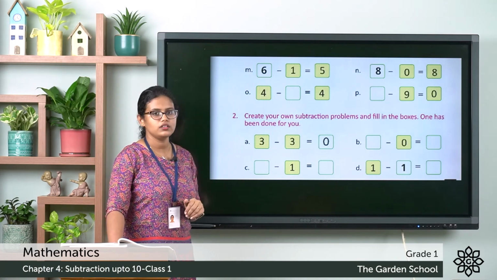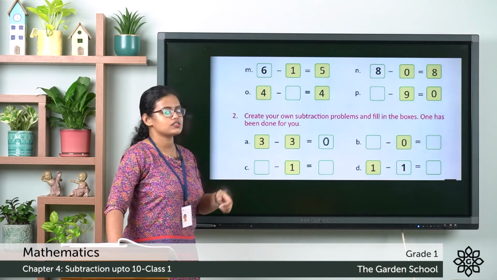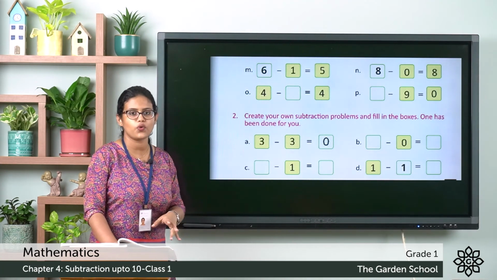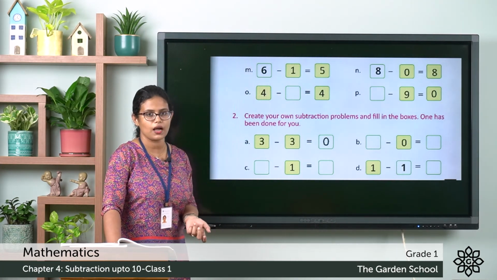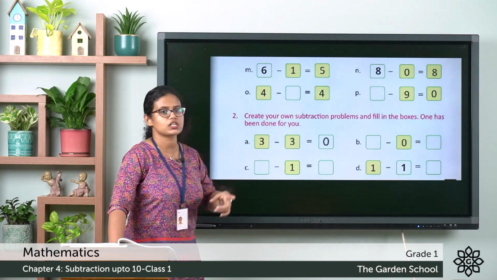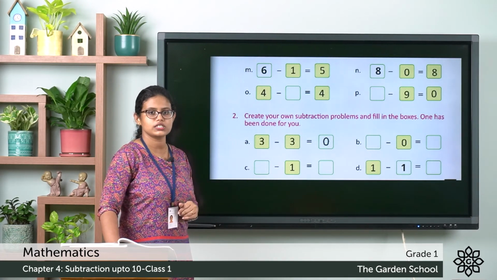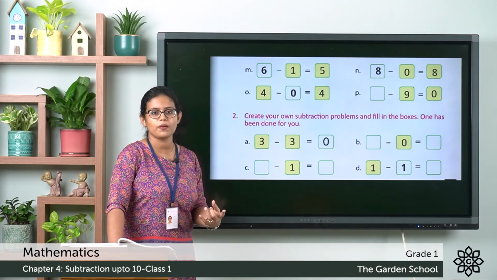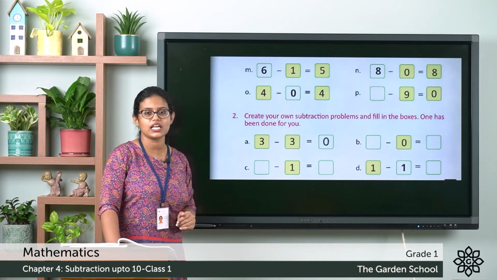The next one, 4 minus, there is a blank box given and the answer is given as 4. You need to find the number you need to subtract from 4 to get the answer as 4. So what is it? See, 0. When you subtract 0 from any number, you get the same number.